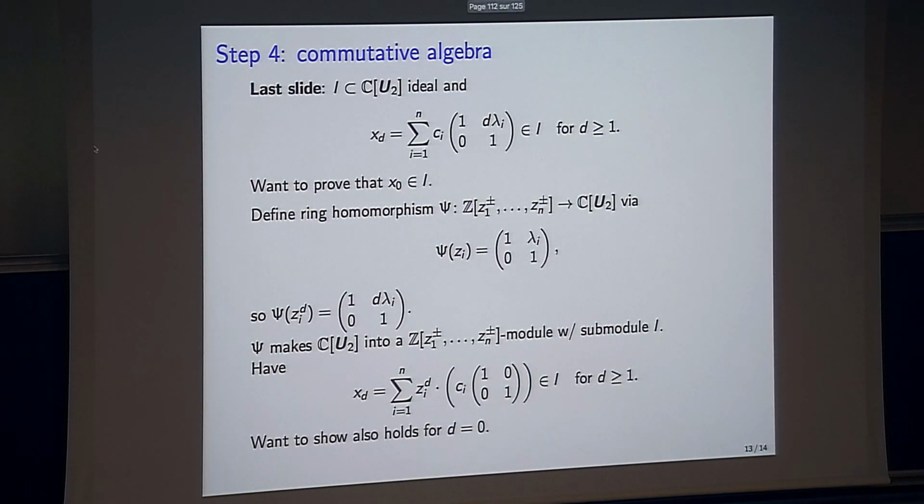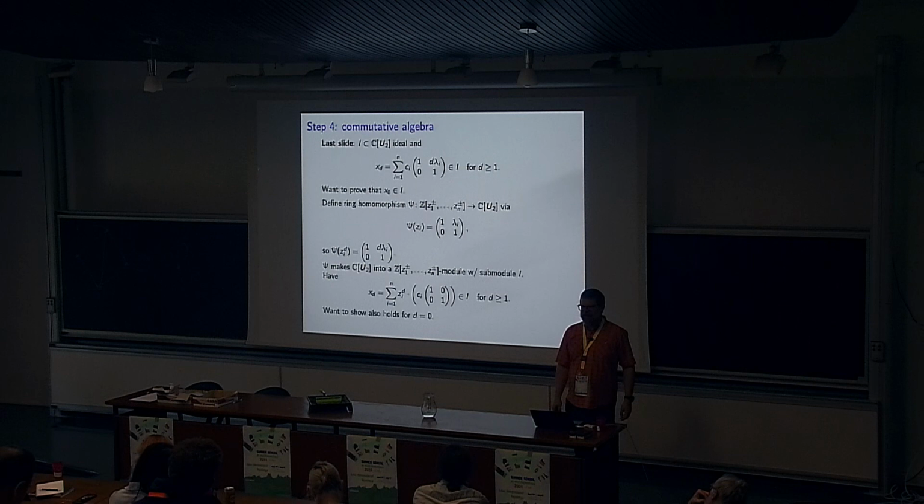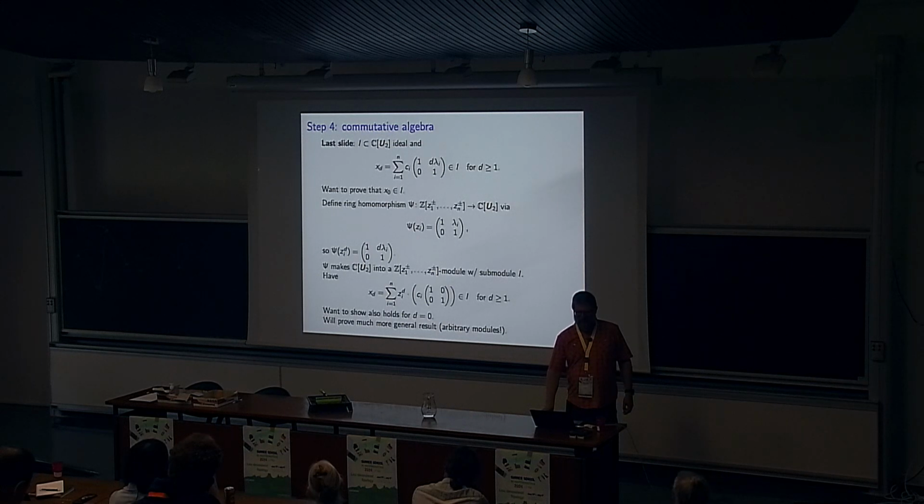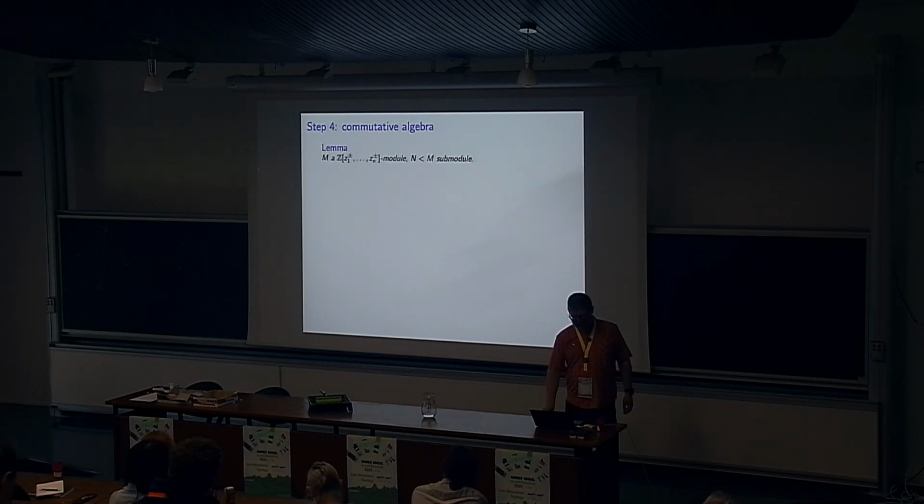And I want to show that that also holds for d equal to 0. That's my goal, right? The way I'm going to do that is to prove that something like this holds with no hypotheses, for arbitrary modules over a ring of Laurent polynomials. Here's the lemma.